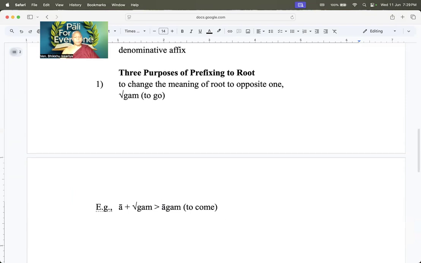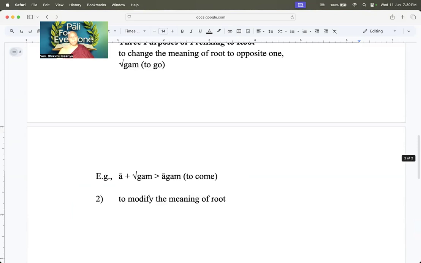And then now the second one is to modify the meaning of the root. Just modifying. Now we already know that the root gam can mean to go.